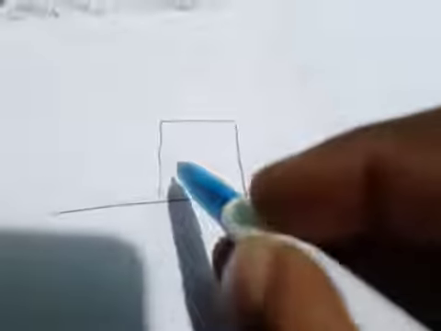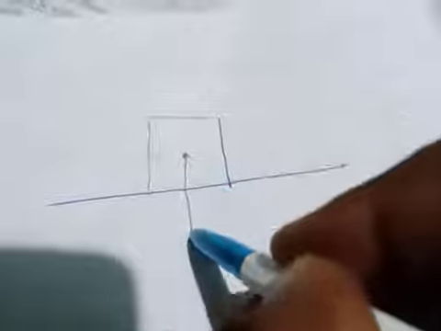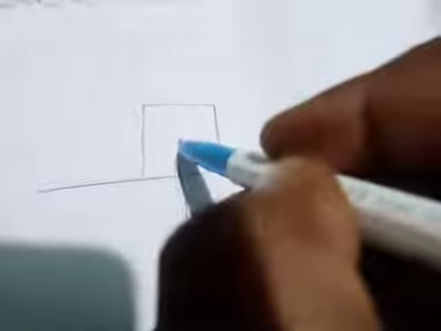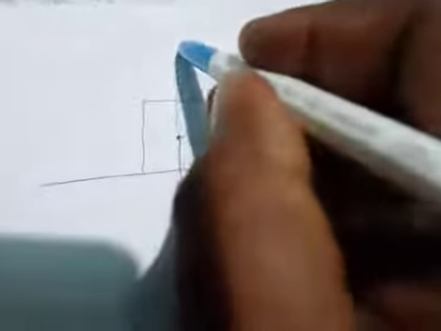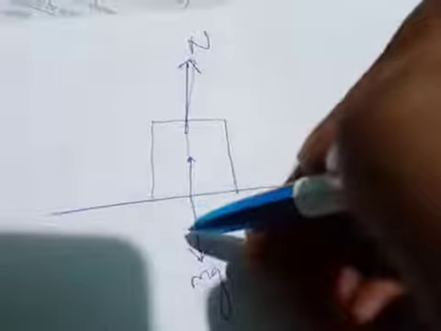We know that when the object is at rest, there are two forces acting. Downward gravitational force is acting, and upward normal force is acting. Now this object is at rest.